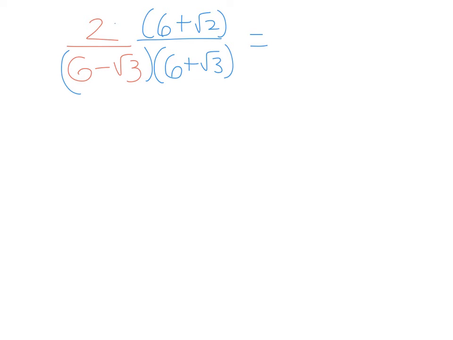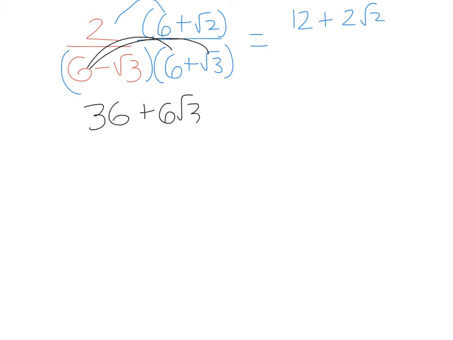On the top, it distributes, and you get 12 plus 2 radical 3. On the bottom, I have to FOIL. 6 times 6 is 36, plus 6 radical 3, minus 6 radical 3, minus radical 9.